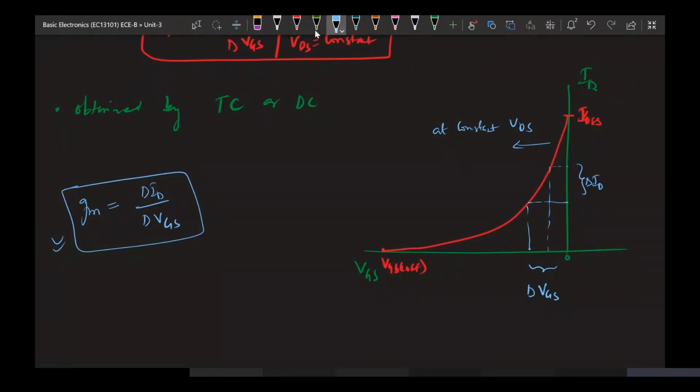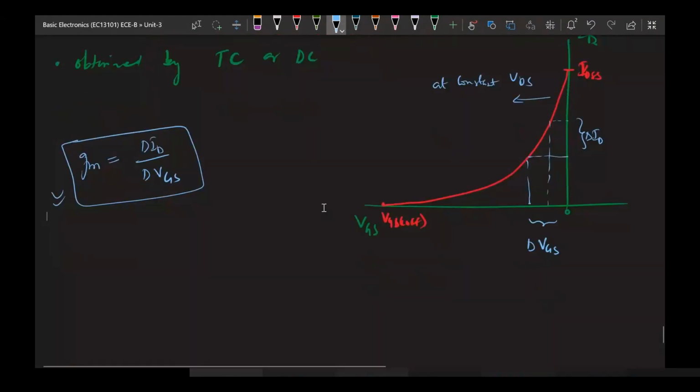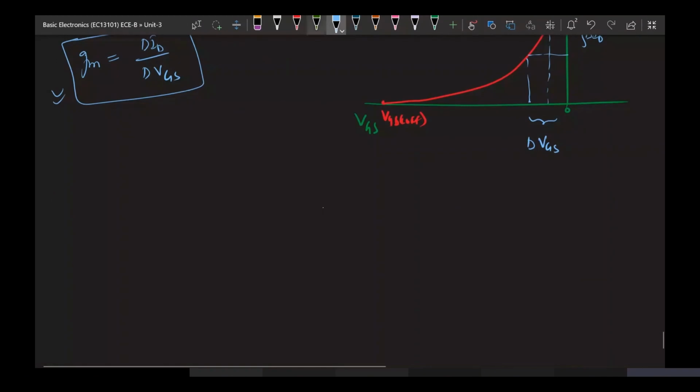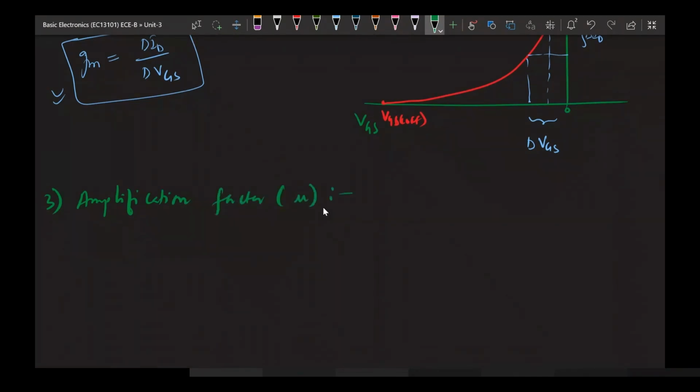One more parameter is there, called the amplification factor. That is very important. The third one is the amplification factor, defined as mu. Amplification factor is basically the voltage amplification factor.